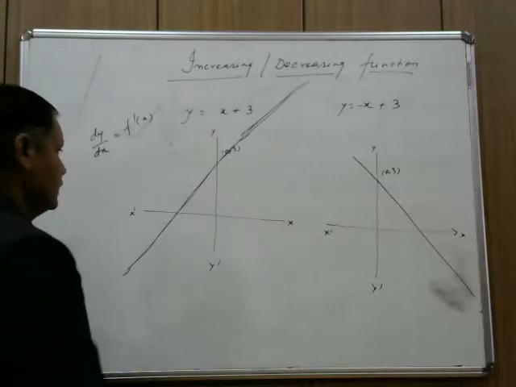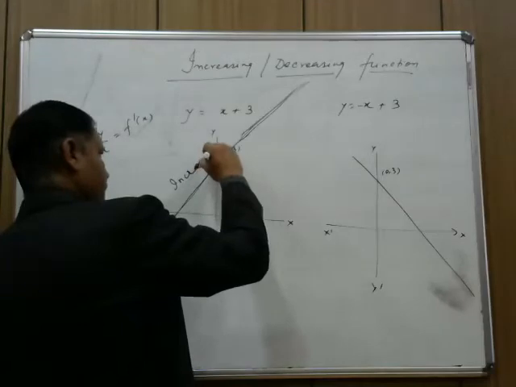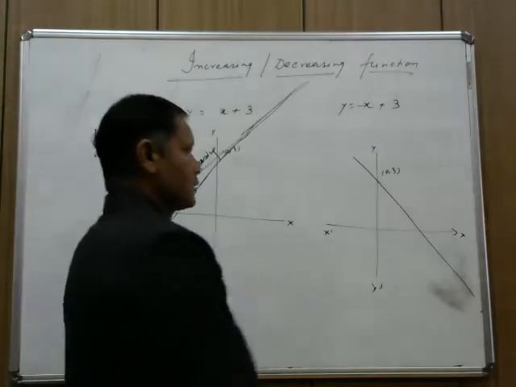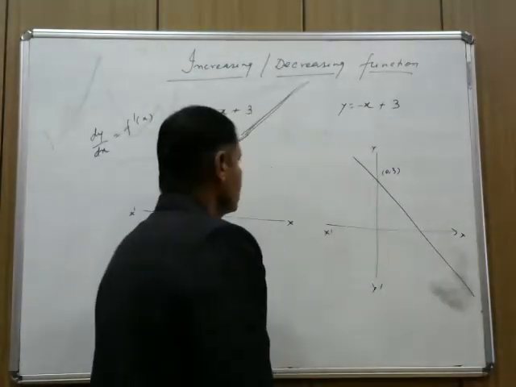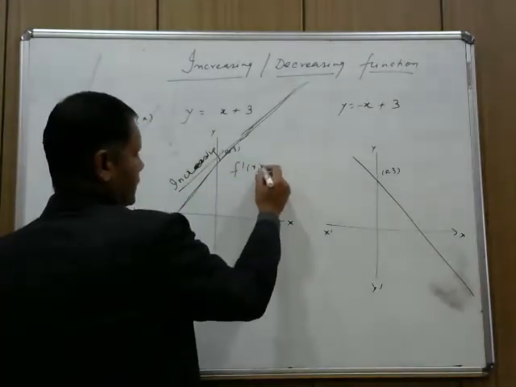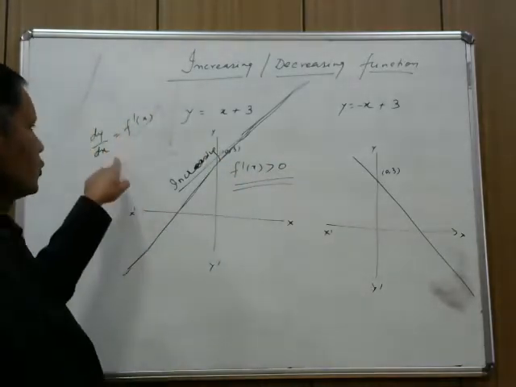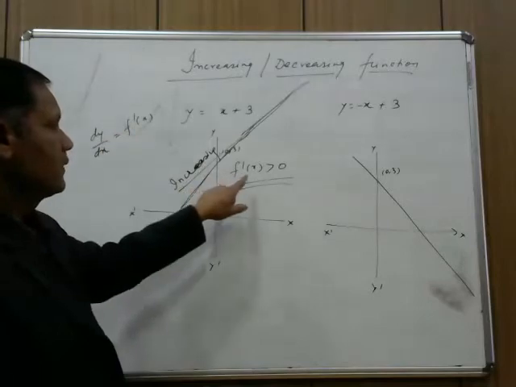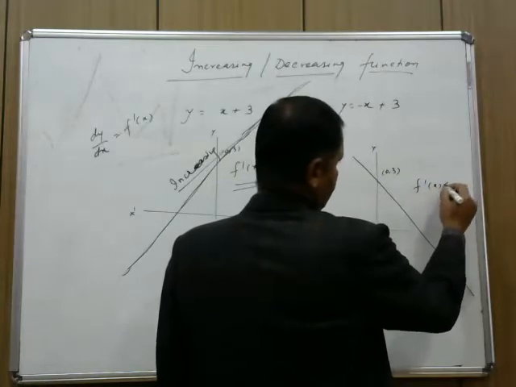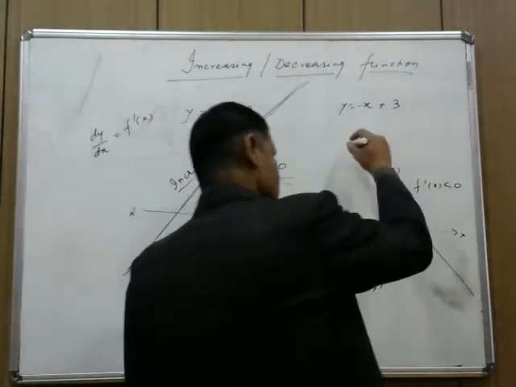That's why it is increasing. In terms of slope, here f dash of x is greater than 0, since the slope is positive. Here f dash of x is less than 0, and that's why this is called decreasing.